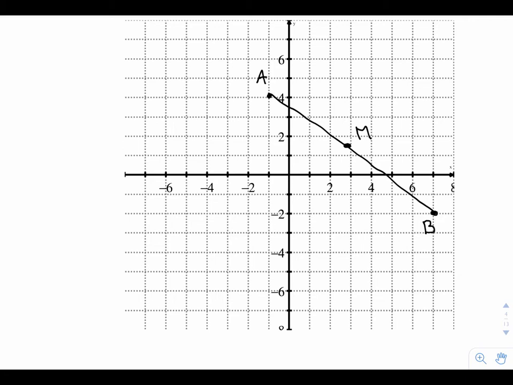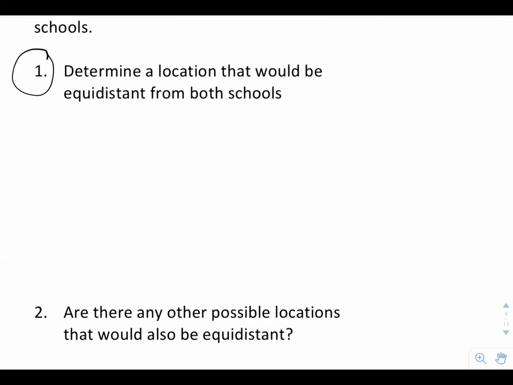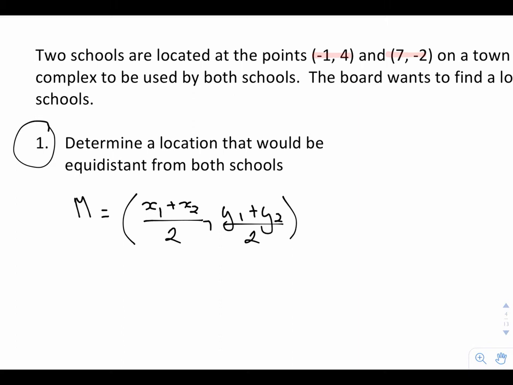Okay, so let's calculate it. Let's figure out where this sports complex, called M, is going to be. If you recall, the midpoint of 2 points is given by the formula (x1 plus x2) divided by 2, as well as (y1 plus y2) divided by 2.